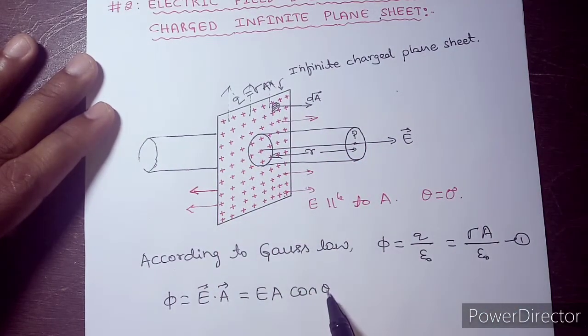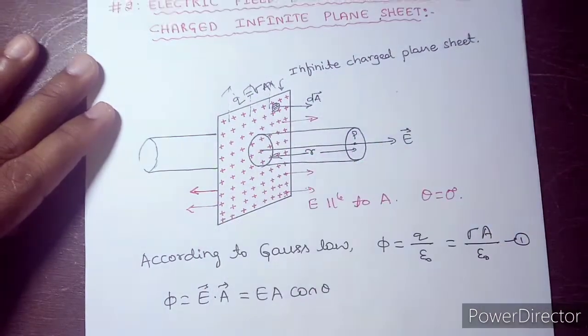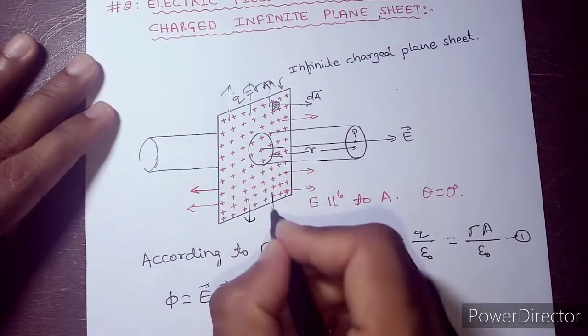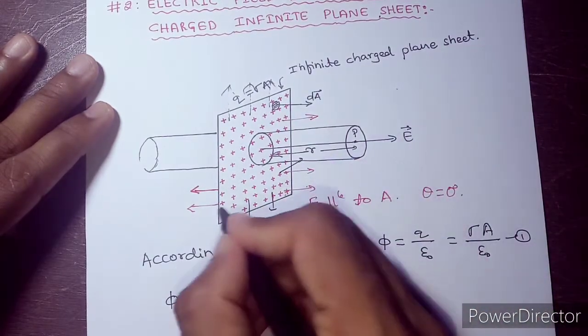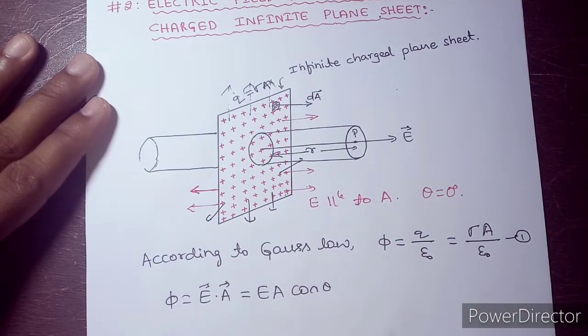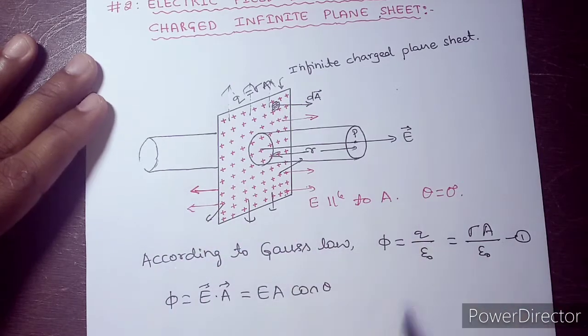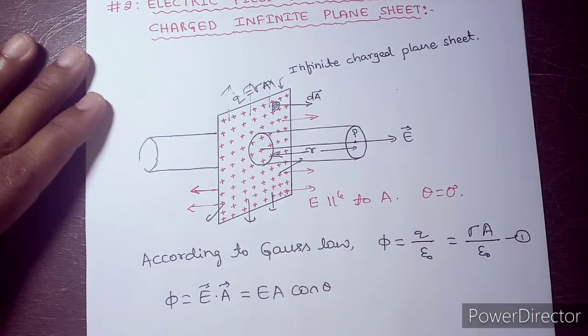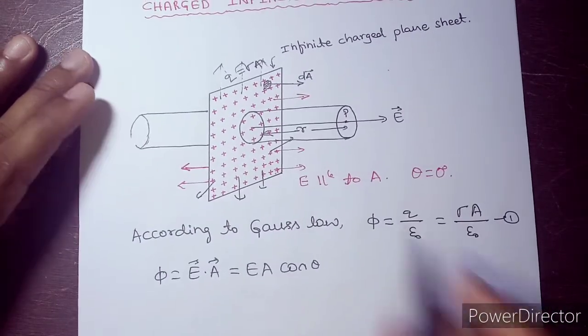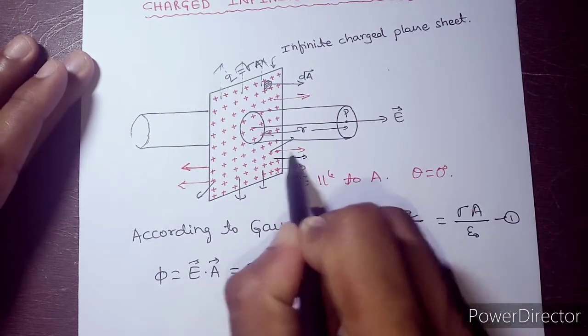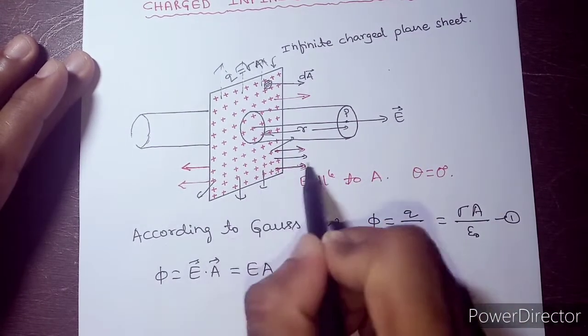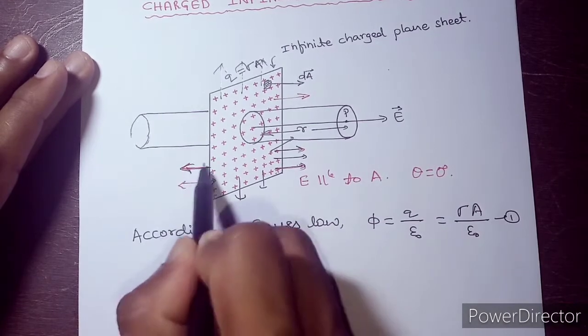So we will get theta as 90 degrees, cos 90 is 0, so the electric flux in this particular direction is 0, downwards also, and in this direction also. So I will consider the electric flux only in one direction. Let us consider that is the x axis. So here the electric flux is the same in both directions, that is the positive x direction as well as the negative x direction.